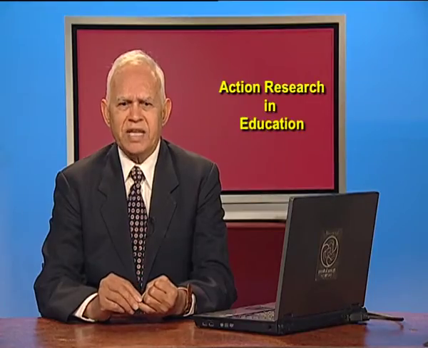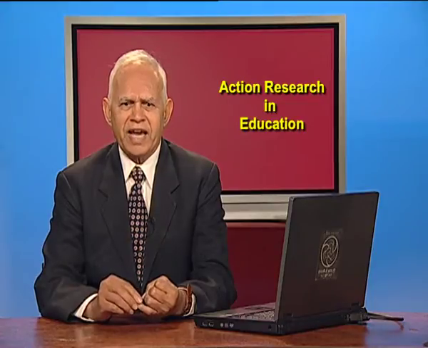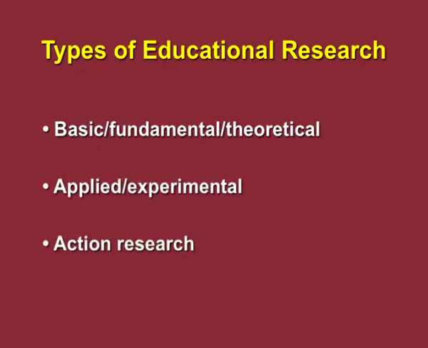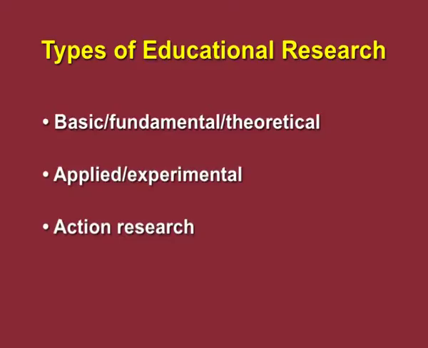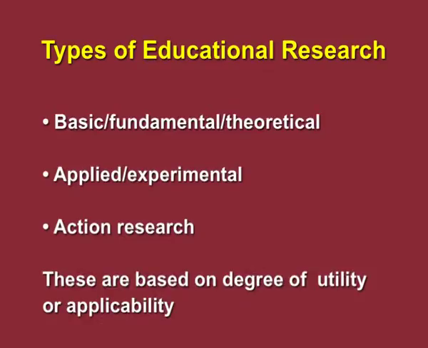So, either you say applied or you say experimental. The third type is action research, and all these three types of researches can be differentiated on the basis of degree of utility or degree of applicability.